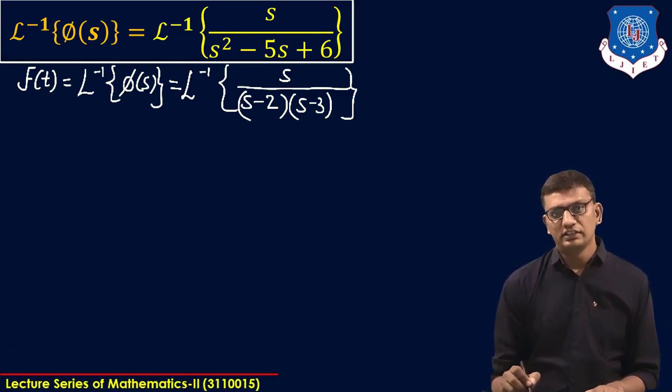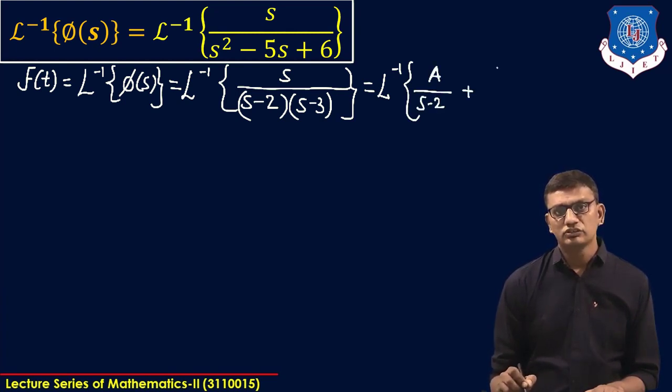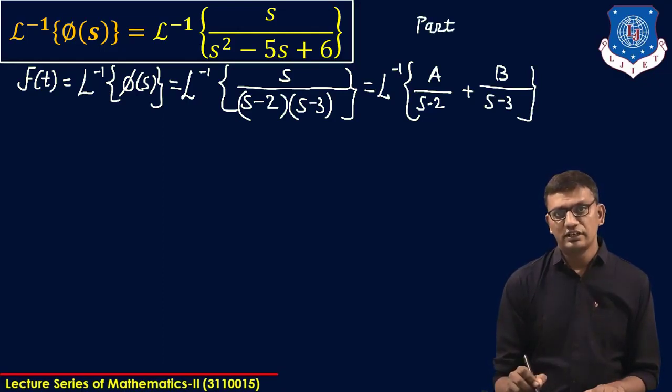Now we apply the partial fraction method to solve this type of equation. Here L inverse of a upon s minus 2 plus b upon s minus 3, which is the partial fraction method we already studied in the 12th science standard.